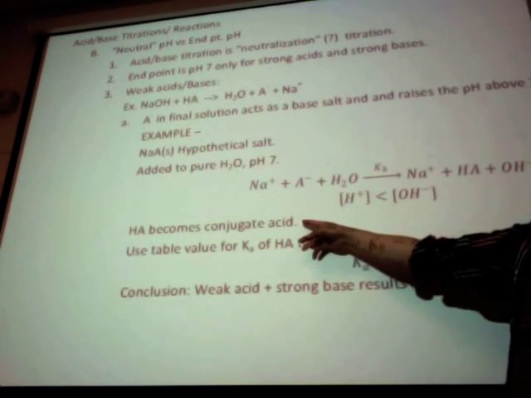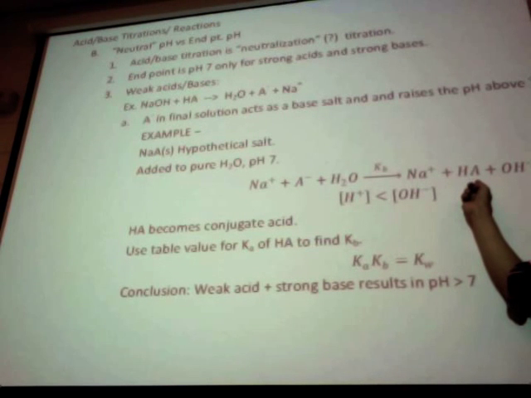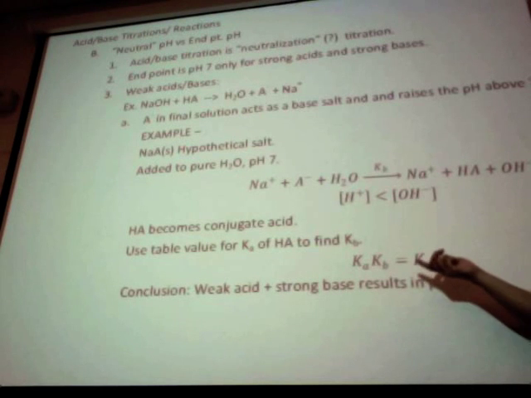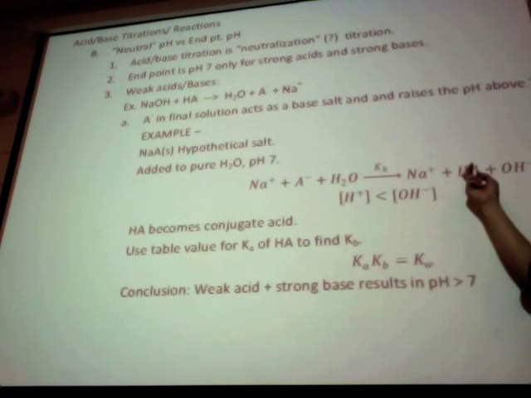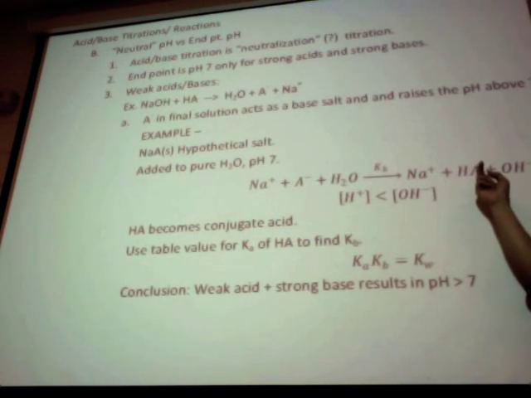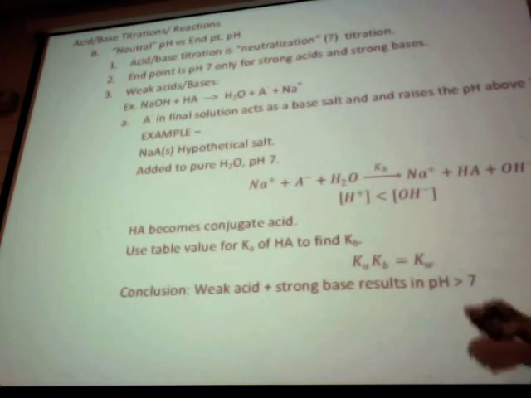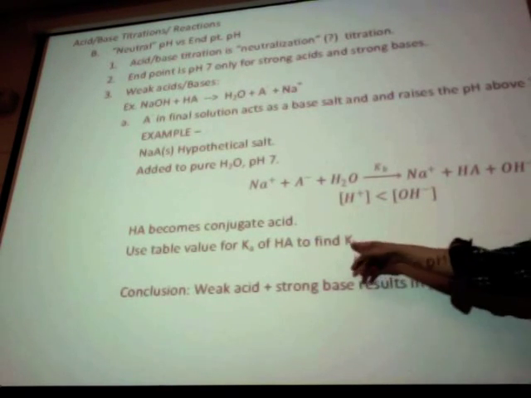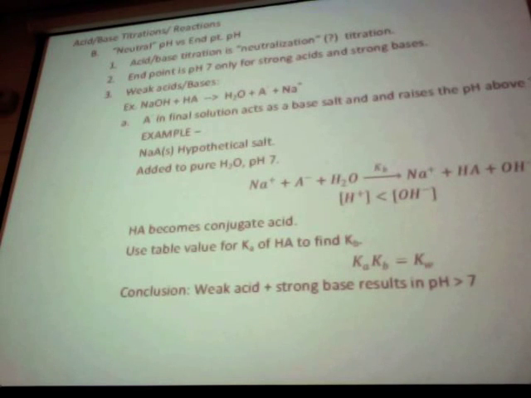HA, to remind you, is a conjugate acid. Even though it is a so-called acid, it is a conjugate acid, which means that H plus is intact. It doesn't come out, so there's no activity for H plus here. Now you just use the table value to get the Kb. Why do we call this equilibrium constant Kb?